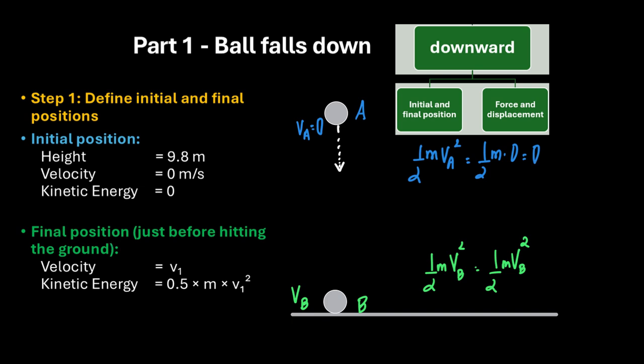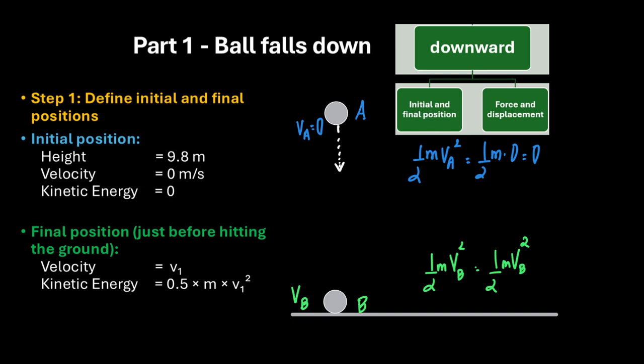Final position is just before hitting the ground, velocity is v1. We don't know what the velocity is. Kinetic energy is half m into v1 square, since it is B, half m into vB square. So we have to find the initial and final position.